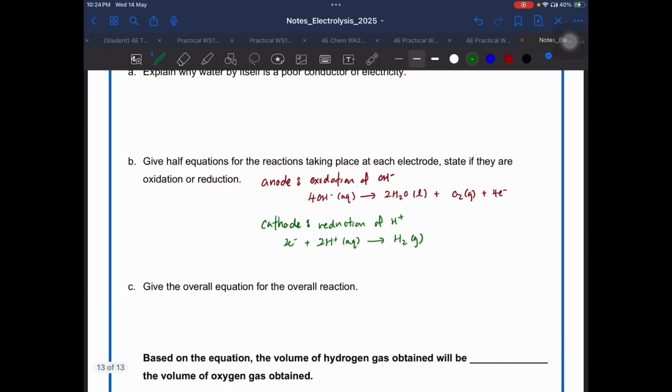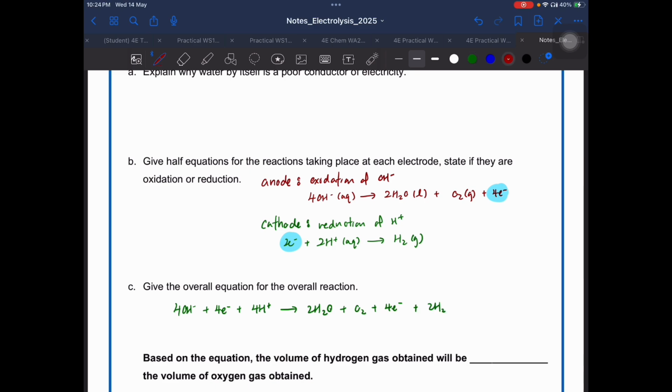Overall equation, just to recap again, we need to first balance the electrons. Now the electrons are not balanced, so I need to multiply the cathode one by 2. So this will give me 4OH minus plus 4 electrons plus 4H plus, later I'll put back the state symbols, giving 2H2O plus O2 plus 4e plus 2H2.